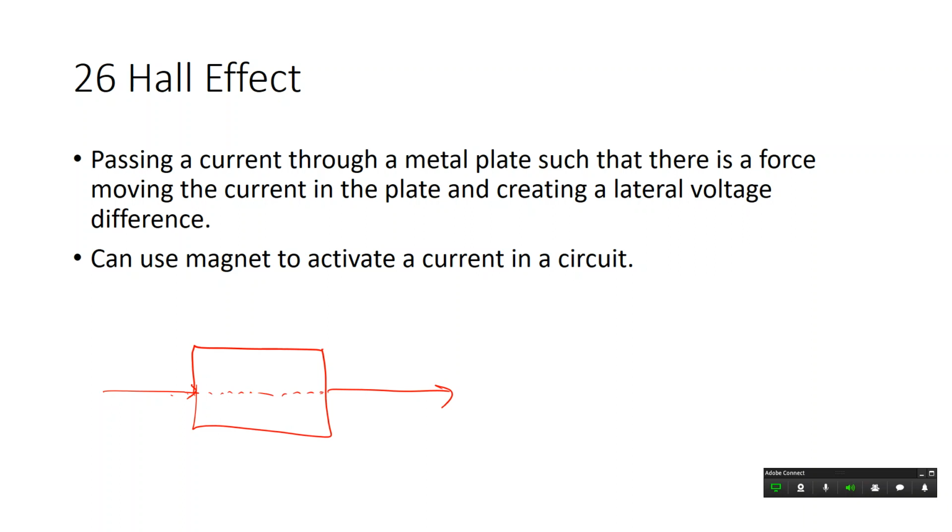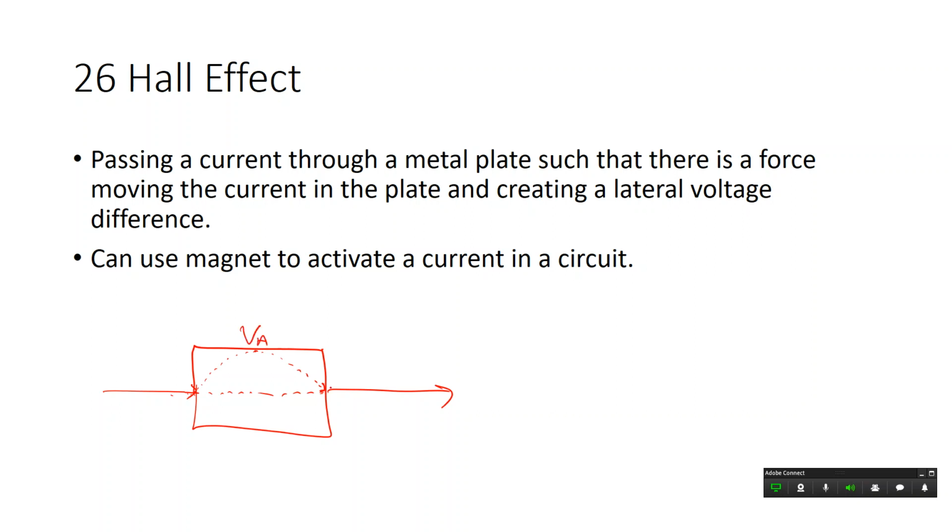And what would happen is you would get a bending of the current before it crosses the plate. And that's fantastic because that bending is going to make it such that there is a voltage drop across the lateral parts of this plate. And so that's going to act like a source for something else.